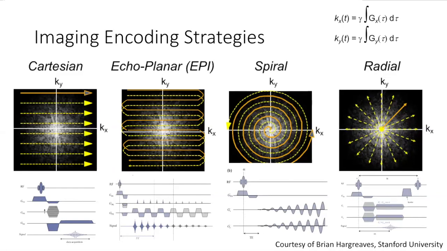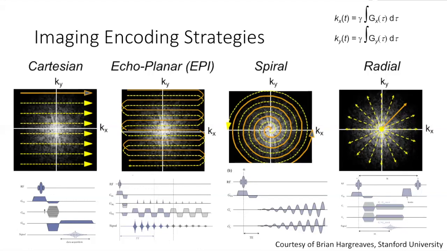And finally, I just wanted to briefly show some of these different imaging encoding strategies that we have at our disposal. I believe Avery showed all of these in his talk a couple weeks ago, and I just wanted to reiterate all these different ways that we can acquire our K-space. And you can see all the different sequences associated with the Cartesian, EPI, spiral, and radial trajectories on the bottom.